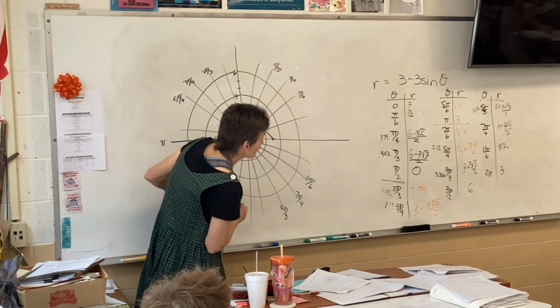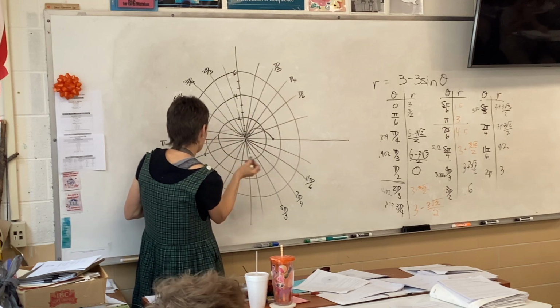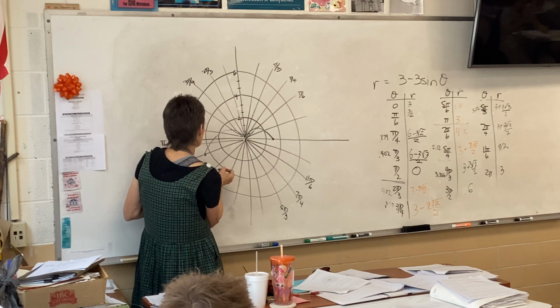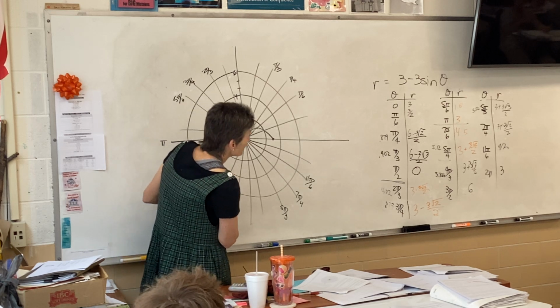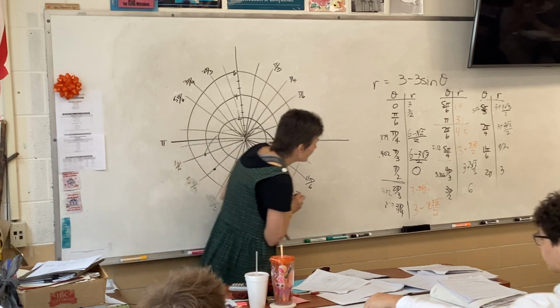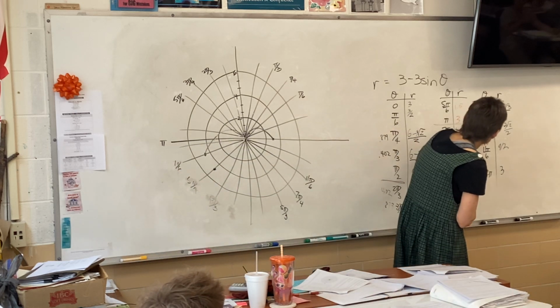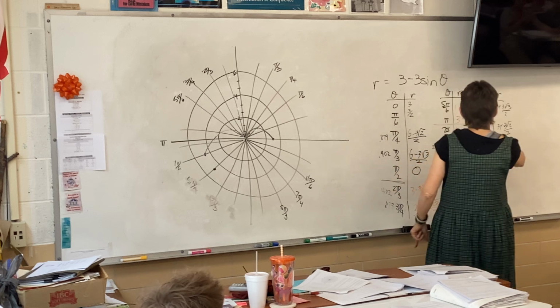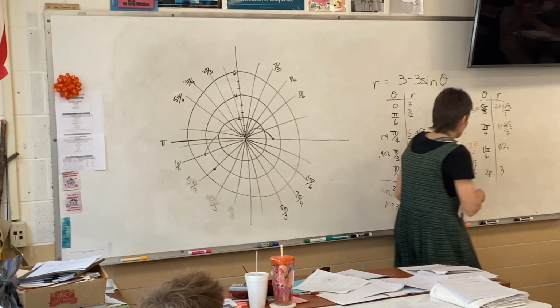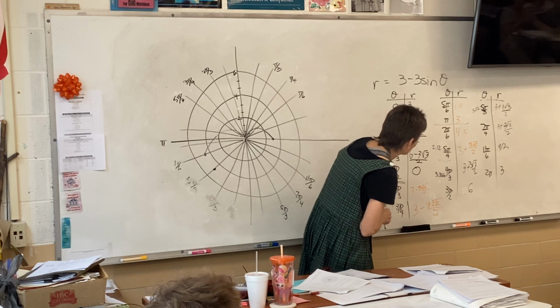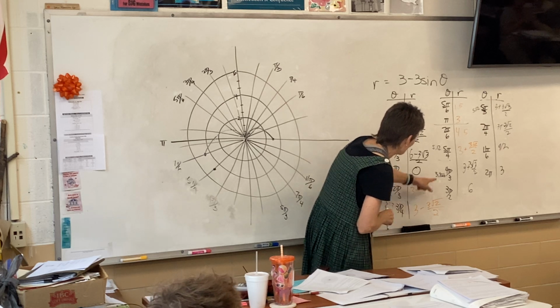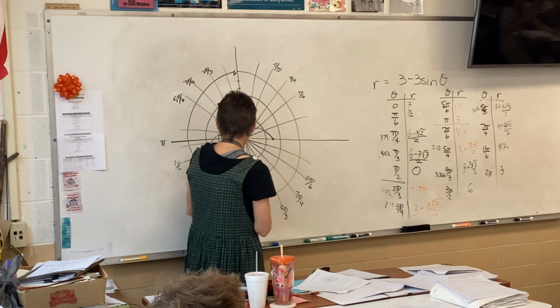At 5 pi over 4, I'm at 5.12, and again, I am assuming that these numbers are right. And then I'm at what? What was that? 3 plus 3 root 2. That was 3.8 again? That's not right.